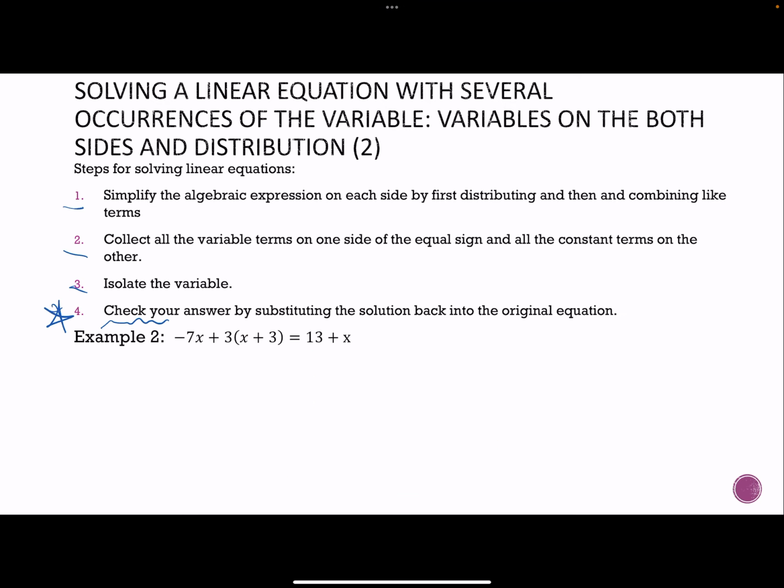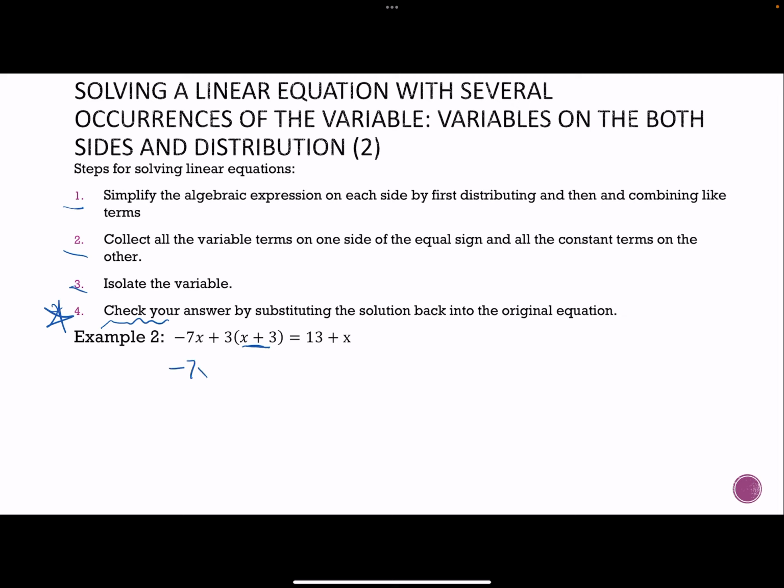For example 2, I have negative 7x plus 3 times x plus 3 equals 13 plus x. So let's go ahead and start first by distributing. I see that I can't simplify what's inside these parentheses. Don't forget our PEMDAS stuff, right?